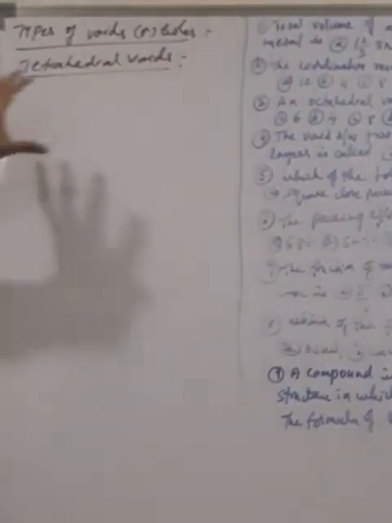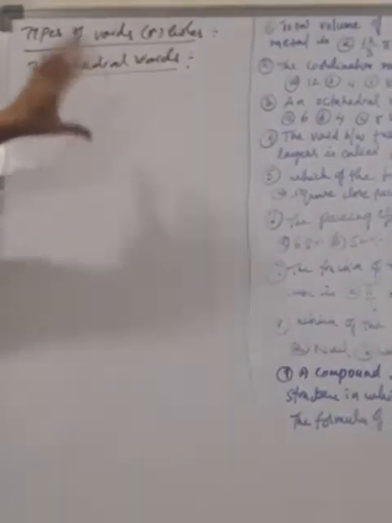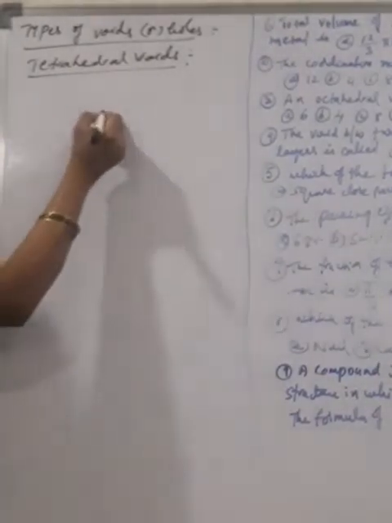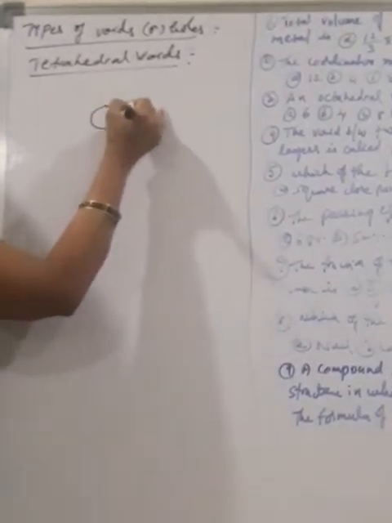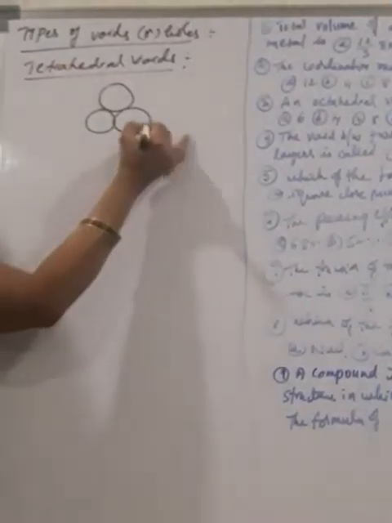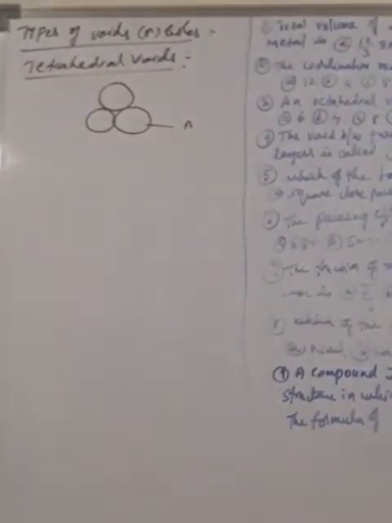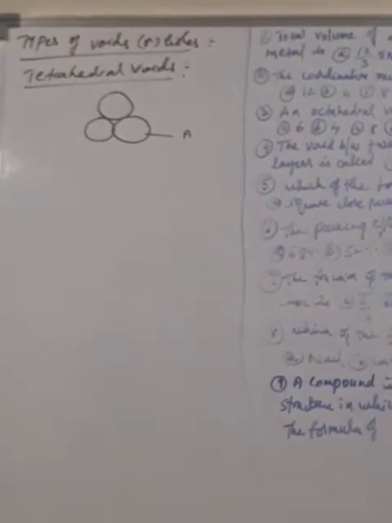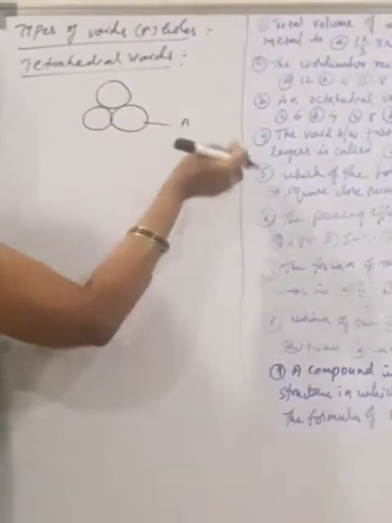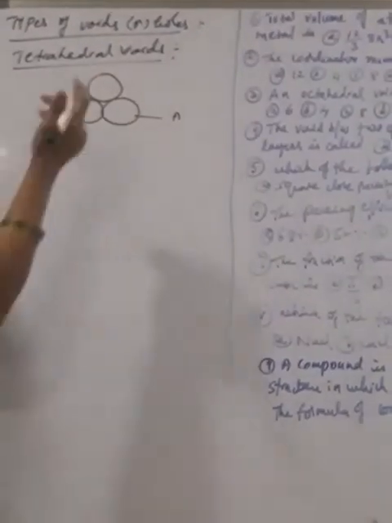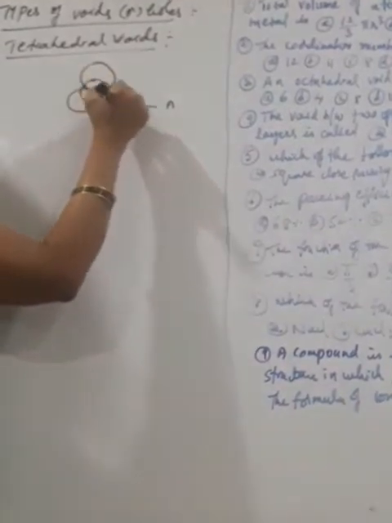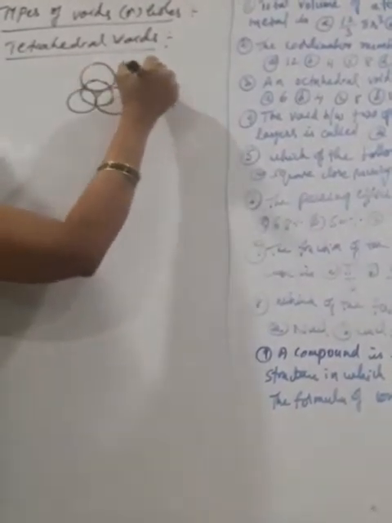Generally, a tetrahedral void is formed by 4 spheres. 3 spheres belong to a particular layer, for example, this is a layer, and 1 sphere is above or below this layer. So this is a tetrahedral void.